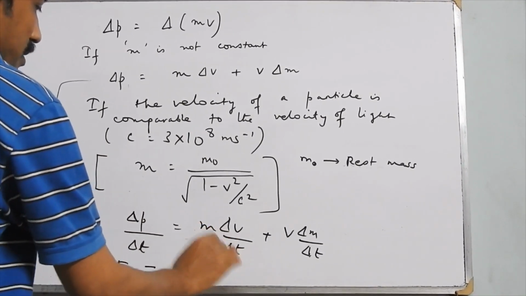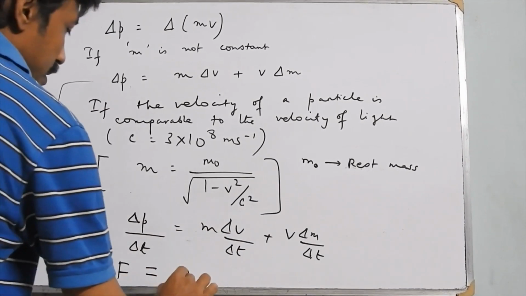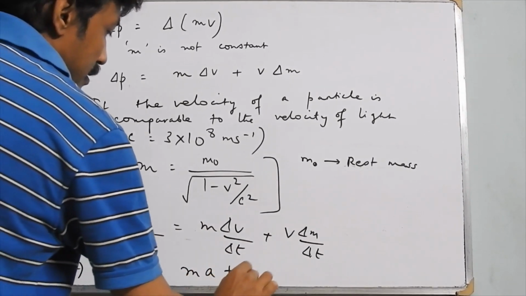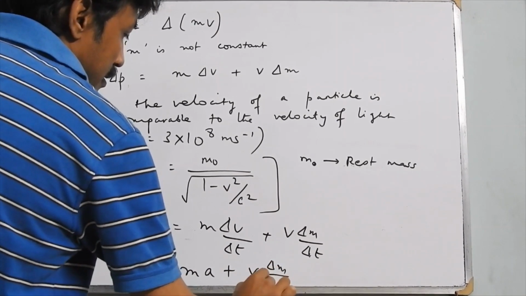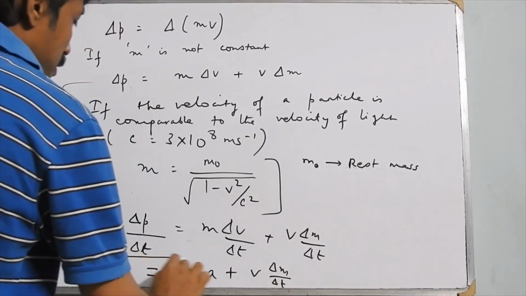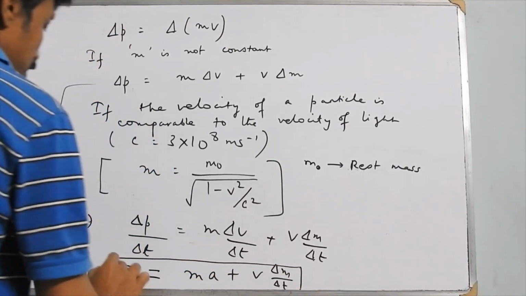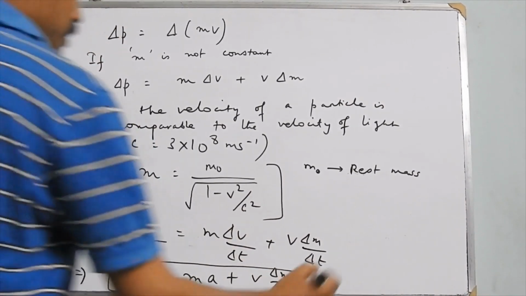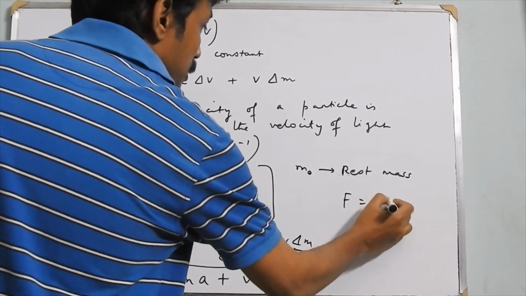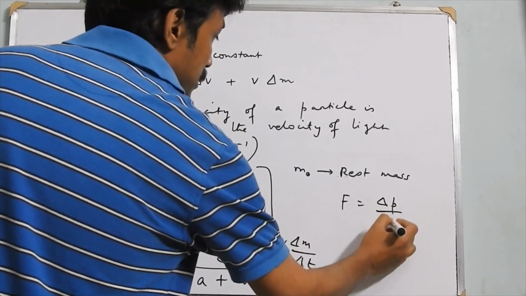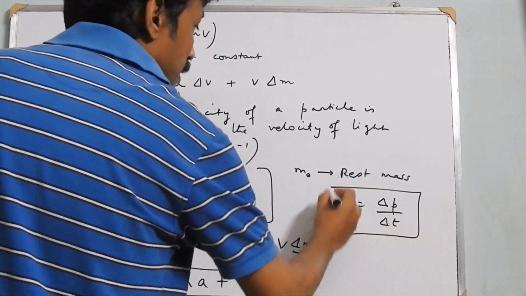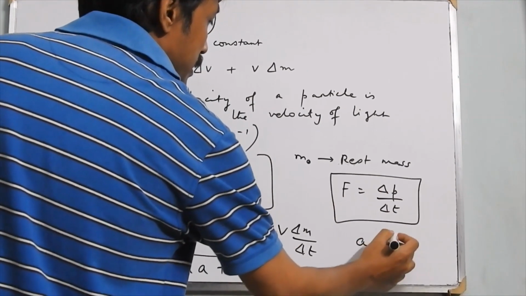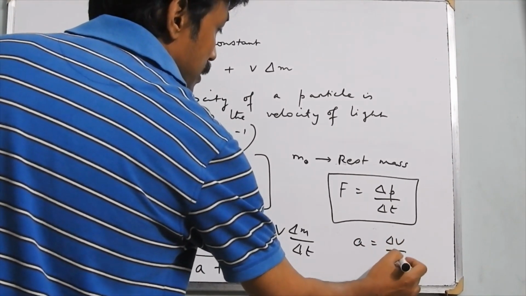And change in velocity in a given time interval is nothing but the acceleration. So this is an expression for the force, where force is equal to rate of change of momentum, and the acceleration is definitely the rate of change of velocity.